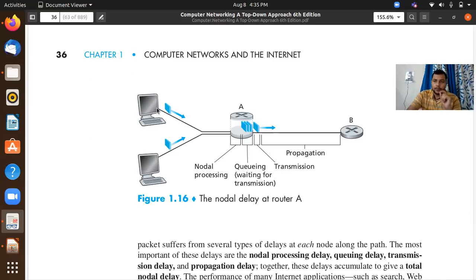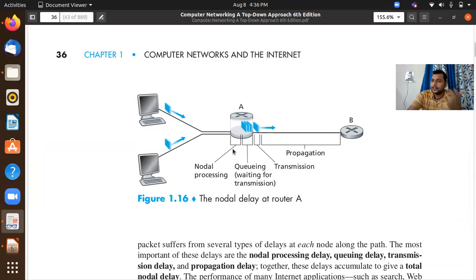Suppose the packet comprises 10 bits, 10 bits are there in one packet, and it has to share it with the node B. So obviously it will use this path. First, it will start sending those packets to node A. Node A will reroute it to node B. So that is the path.